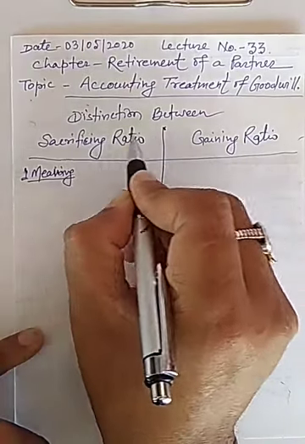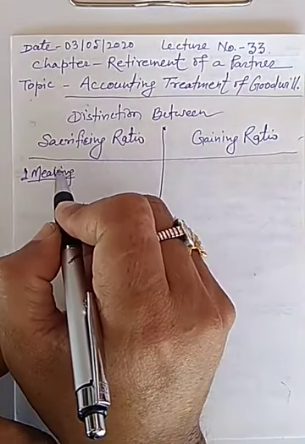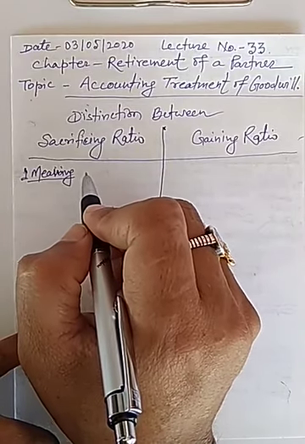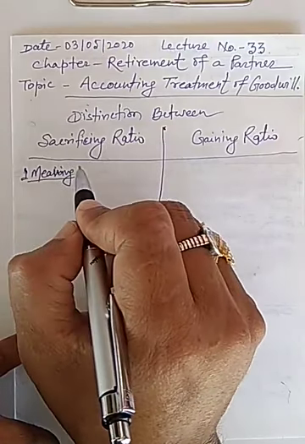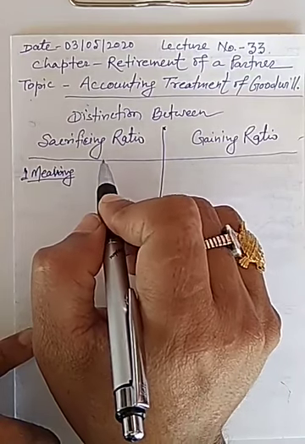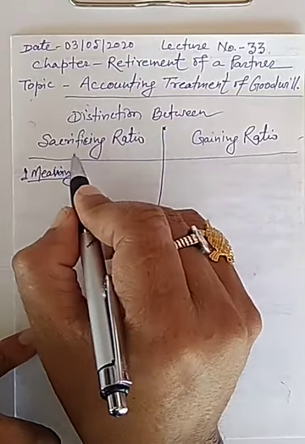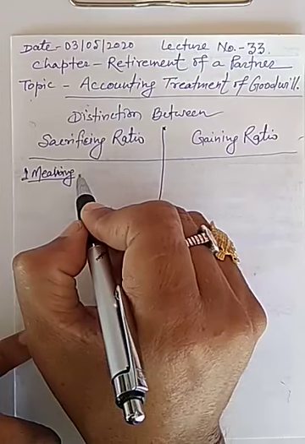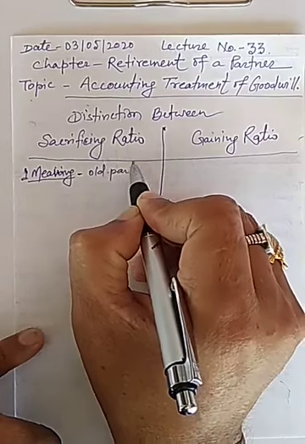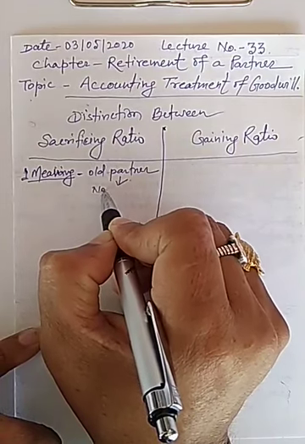Meaning, what is sacrifice ratio and what is gain ratio. Sacrifice ratio is the ratio in which old partners sacrifice their share of profit in favor of the new partner. It means old partner sacrifice to new partner.